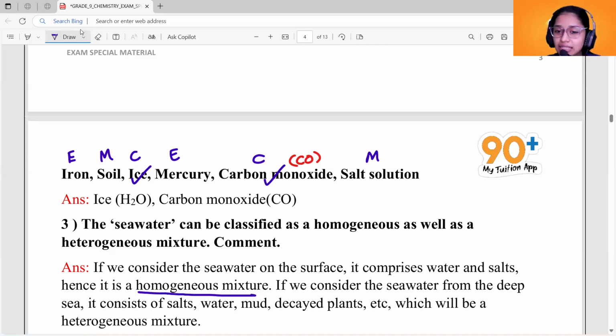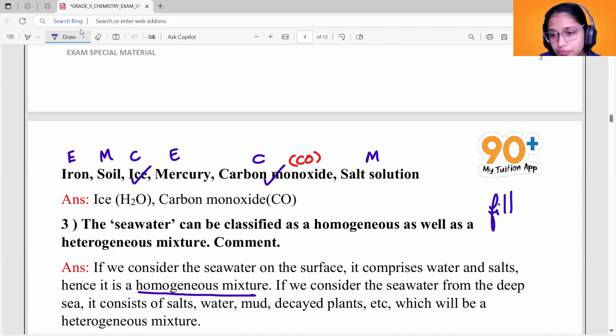But if we consider seawater from the deep sea, if you dig your mug deep into the sea and take seawater, it consists of salts, of course, along with mud, decayed plants, etc. So that becomes a heterogeneous mixture. Okay, so if the question is filtered seawater can be both homogeneous and heterogeneous, that is false.